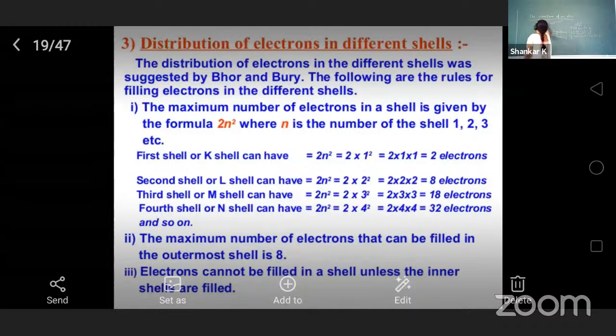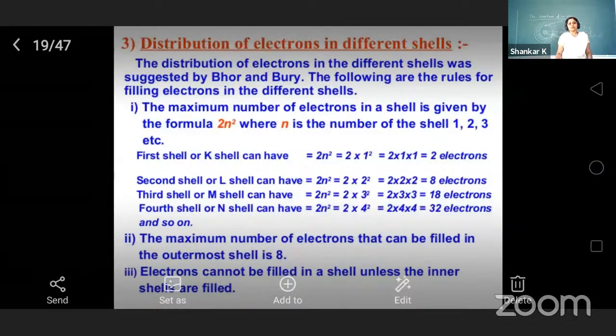Thirty-two electrons should be present in the N shell. You count the number of electrons and put them in the shells. This is the distribution of electrons in the different shells.